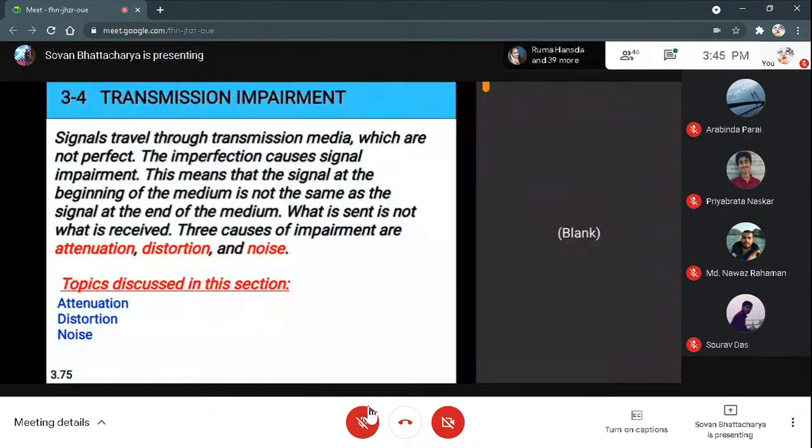Now, transmission impairment. When the signal is passed, different types of problems will arise: noise, attenuation, and distortion. What is noise? An unexpected signal is added with the main signal. Suppose I am taking your class.